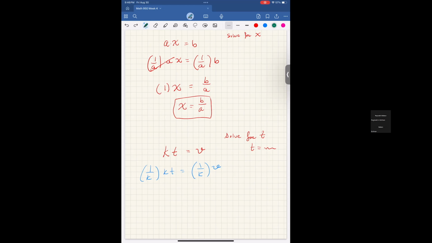So if we use the multiplicative inverse, in this case 1 over K, the K's will cancel out because you'll have K over K. And on the other side of your equal sign, you're going to have V times 1, which just gives you V over K. K divided by itself is just 1, so you'll have 1 times T is equal to V over K. And then this gives you T is equal to V over K, and that's your answer. Done. You're done.